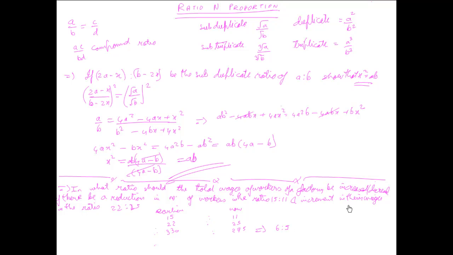So the final wage bill, which is the product of the number of workers and wage per worker, is the total wage bill. Earlier it was 6, now it's 5. So it's decreased by ratio of 6:5.